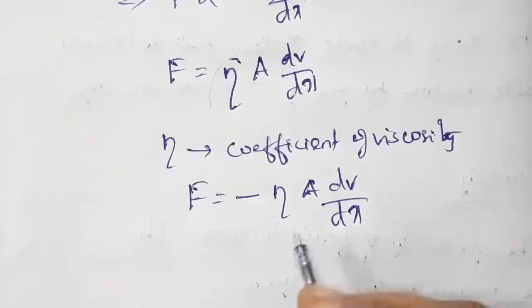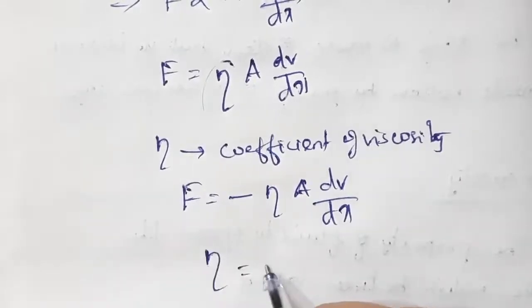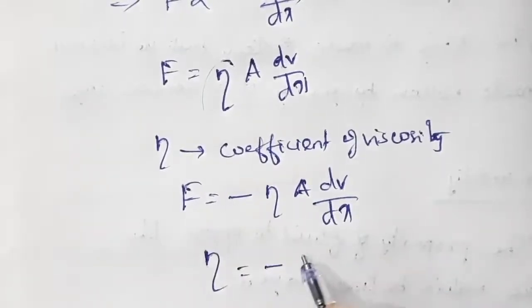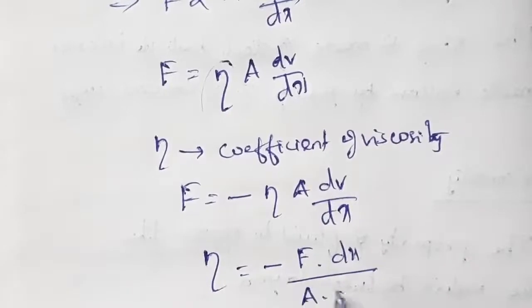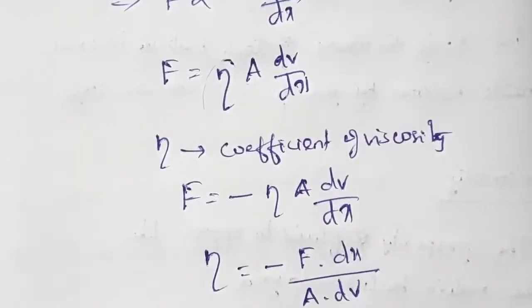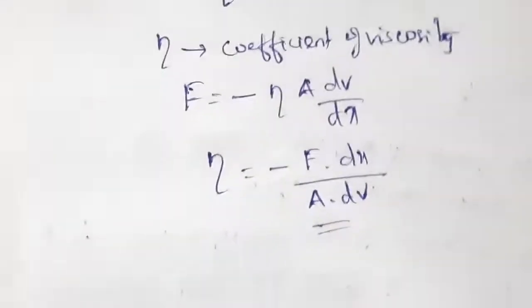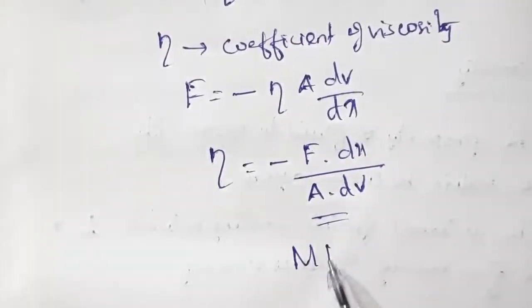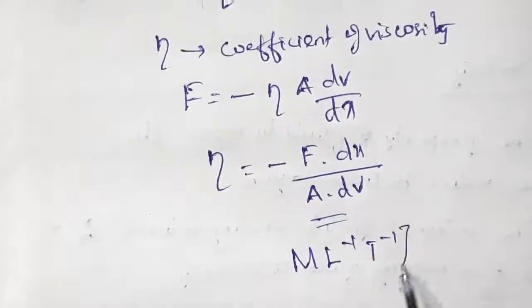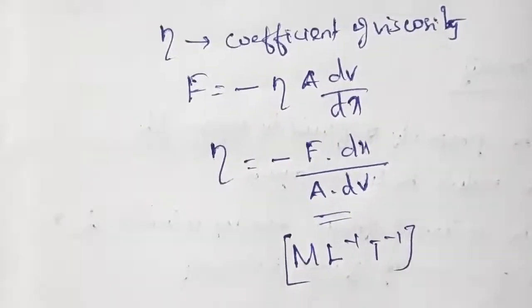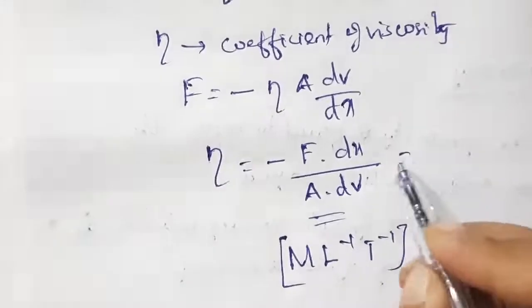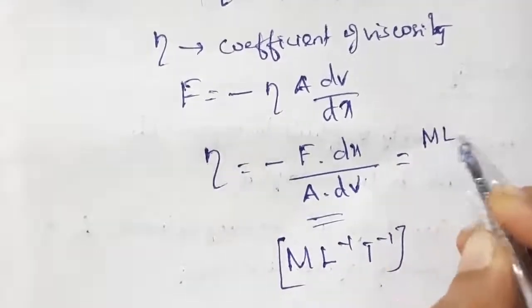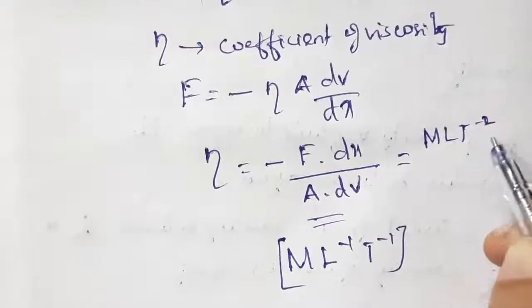So eta can be written as eta equals minus F into dx divided by A into dv, isn't it? When you write the dimensional formula for this coefficient of viscosity, we will get M L power minus 1 T power minus 1. The dimensional formula for force is M L T raised to minus 2, mass and acceleration.